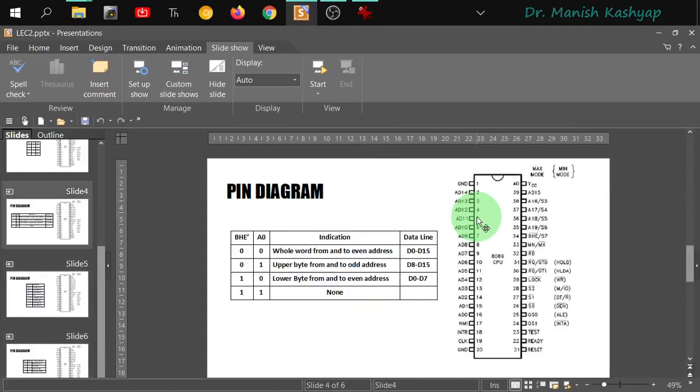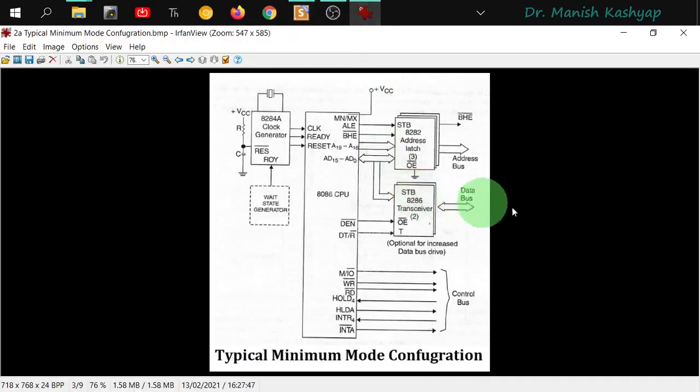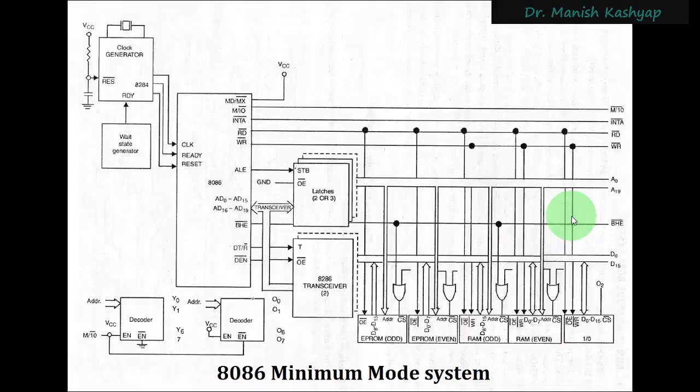Yeah, so this is that slide with the BHE bar signal and A0 signal. You can see that you can write a whole word from and to an even address, upper byte from and to an odd address, lower byte from and to an even address, and none. By seeing this BHE bar and A0, you can design the chip select signals for these memory chips that you see here.